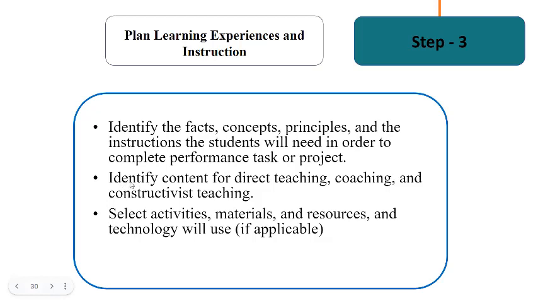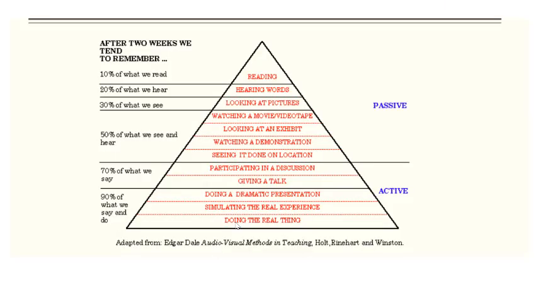And also you need to identify the instructional strategies. You also need to identify the learning activities, the material resources, and the technology that align with the assessment and also align with the learning outcomes.